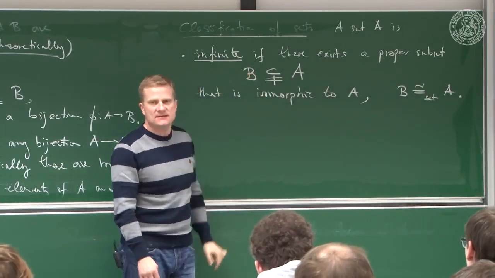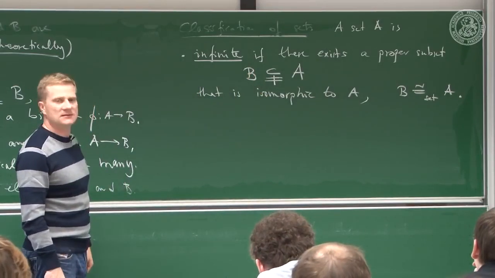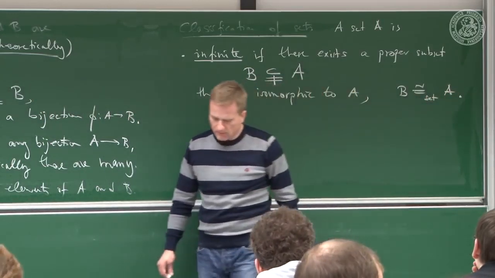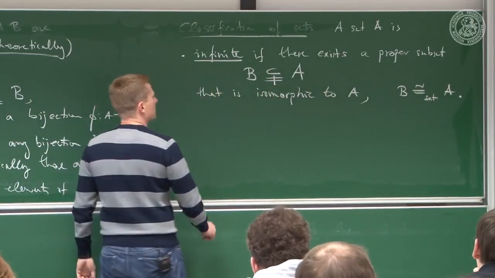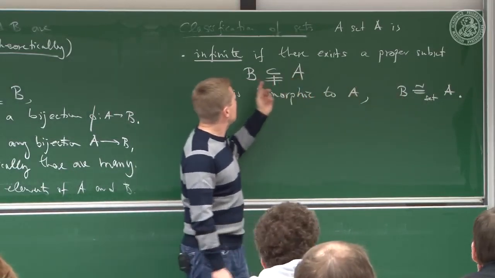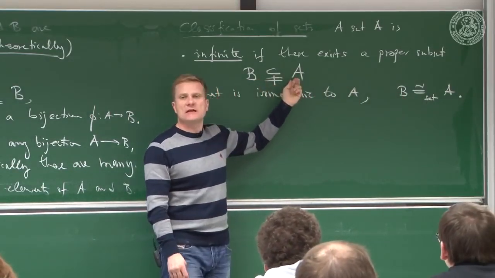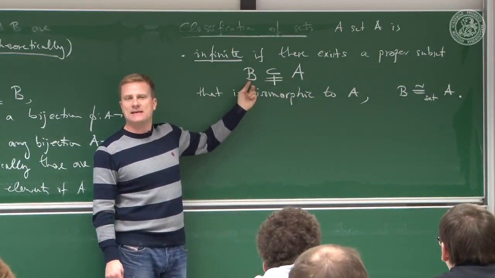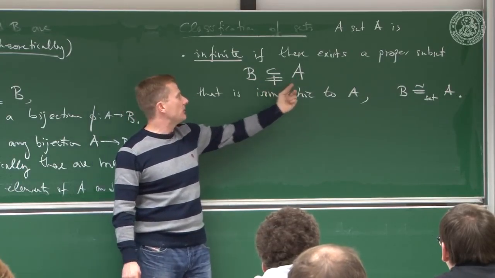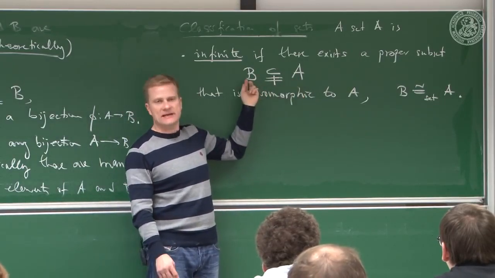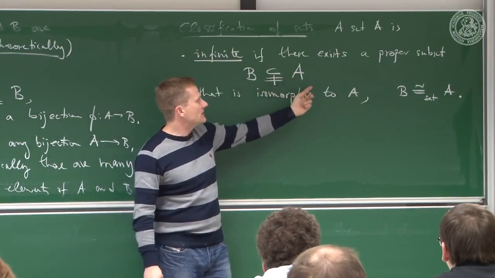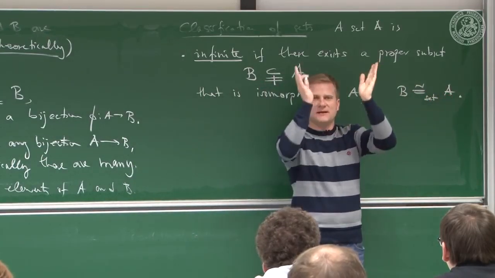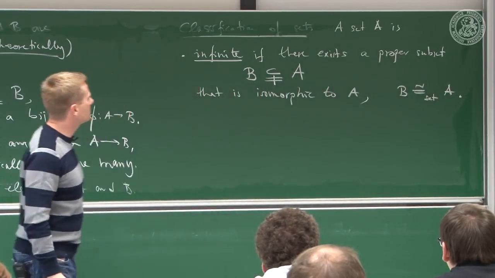But this is precisely the signature of an infinite set, that there exists a proper subset such that the subset, however, is still isomorphic to A. So a typical example would be the integer numbers Z and the natural numbers N. N is a proper subset of Z because -1 is not in N. That suffices. But nevertheless, Z is isomorphic to N. You can write down a bijection.